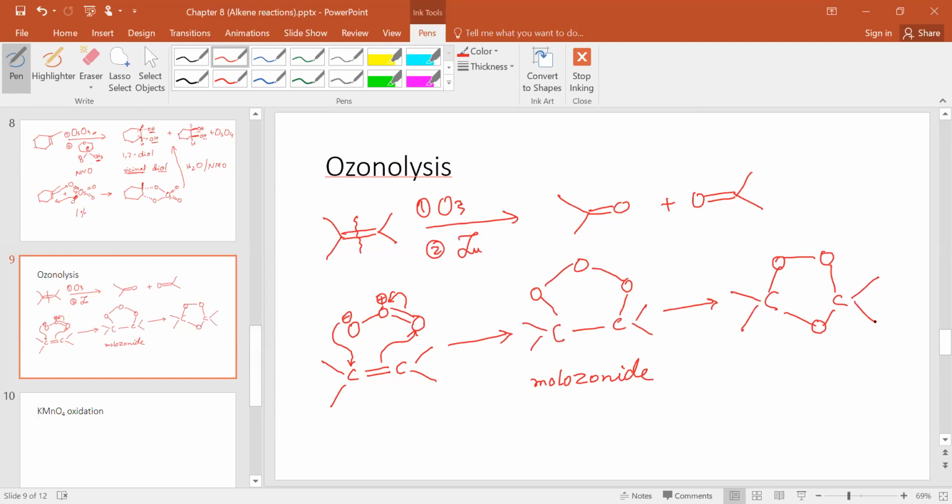Okay, and when we react with a reducing agent, this is called ozonide. And you react this one with zinc, it will form the dicarbonyl compound. Okay, so remember, this is the ozonolysis reaction.